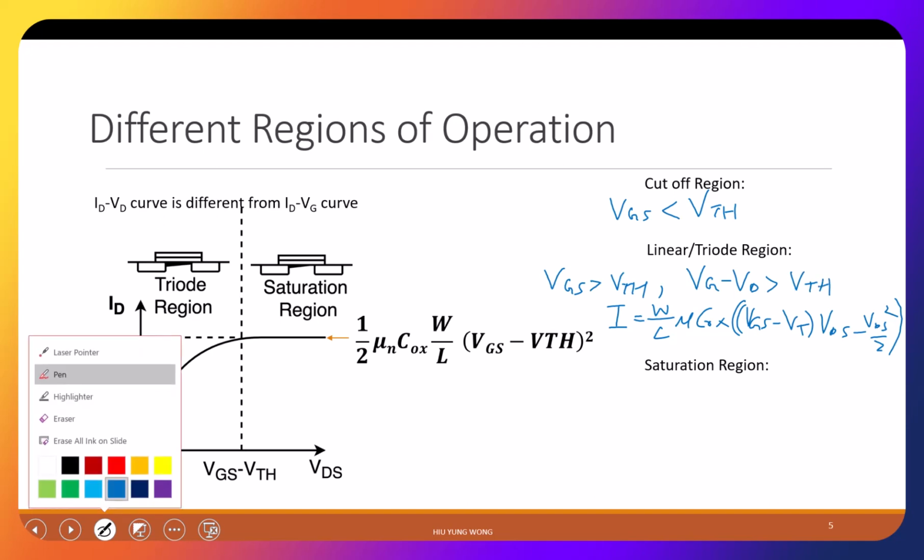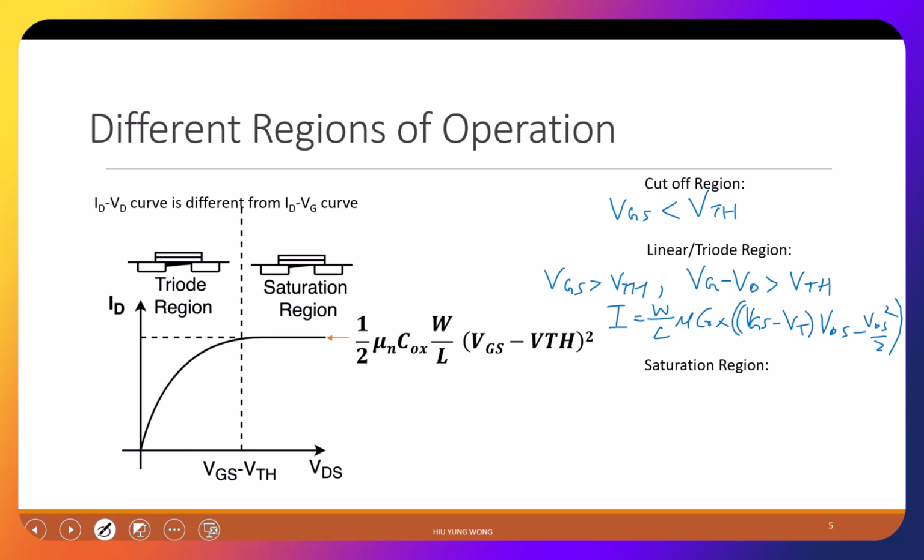And what is VG minus VD? I want you to be familiar with this. Whenever I say VAB, it means VA minus VB. Potential is meaningless without reference. I can say I have potential energy of 1 trillion joule. That is fine.